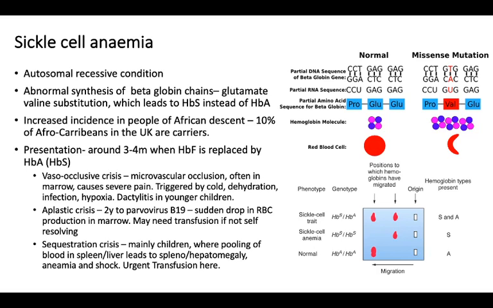You can also have HbF, which is fetal hemoglobin, where you have 2 alpha globins and 2 gamma globins, alpha 2, gamma 2. And you can also have hemoglobin A2, which is another type of adult hemoglobin, made up of 2 alpha chains, 2 delta chains, so alpha 2, delta 2.